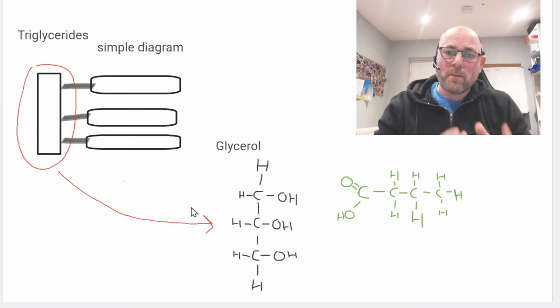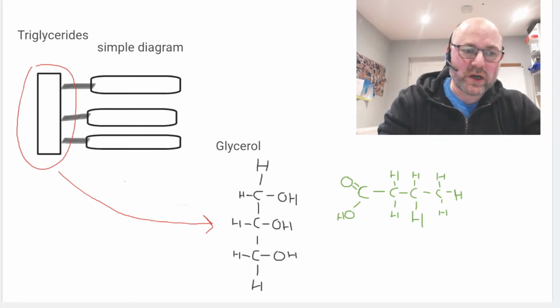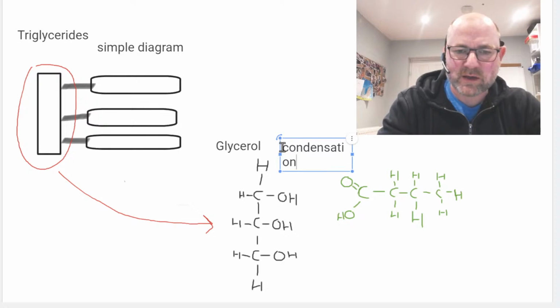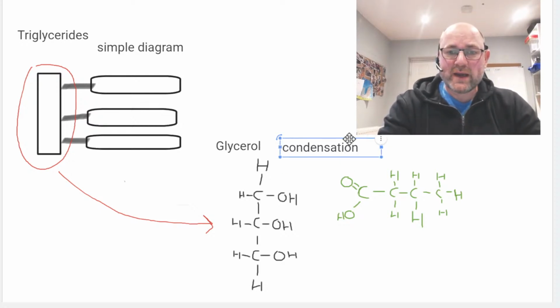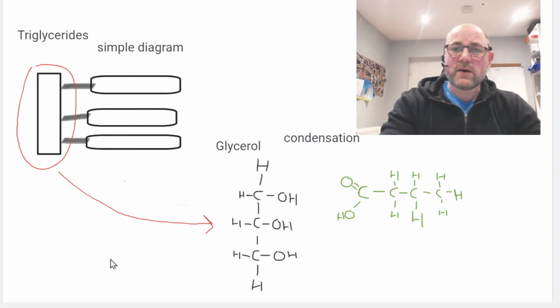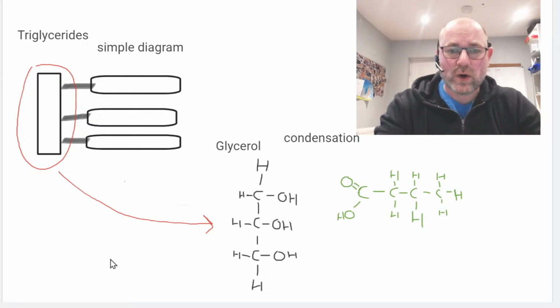Now, the glycerol molecule joins in a reaction called condensation, and we discussed this a little bit last week when talking about glycosidic bonds forming between monosaccharides to form disaccharides, and monosaccharides to form polysaccharides, when we were looking at carbohydrates. You can check that out. That's the A-level biology lesson 1.